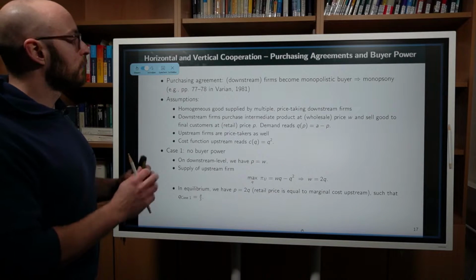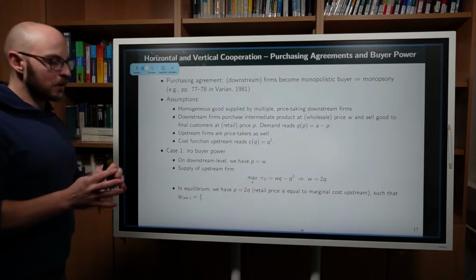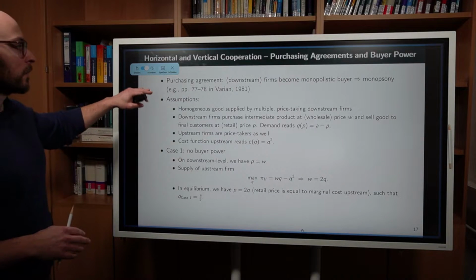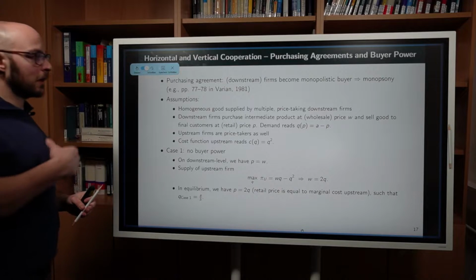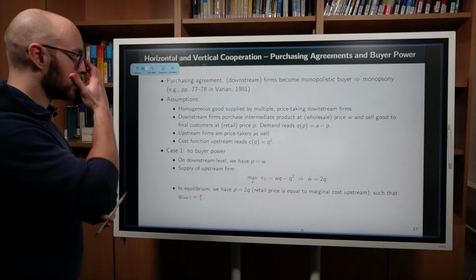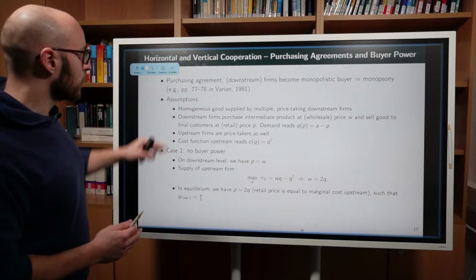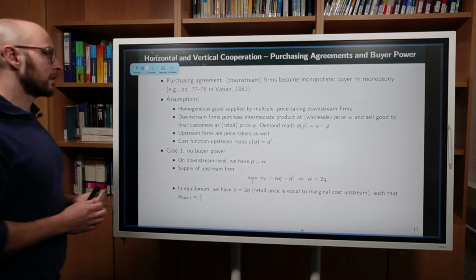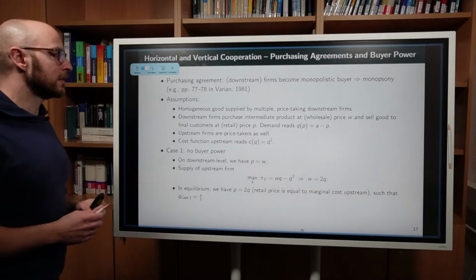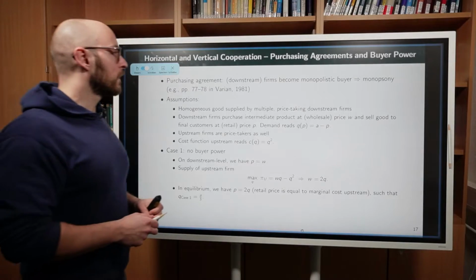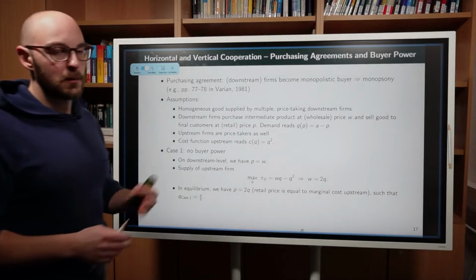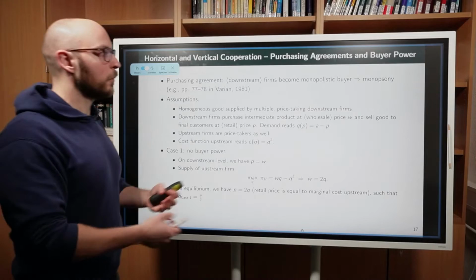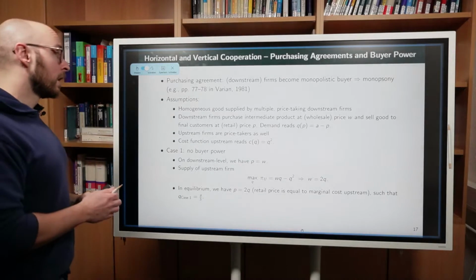Now, before we jump into a concrete model here, we first look at purchasing agreements from a more general perspective. So we look at the classic textbook of Varian, 1981, and we assume that we have monopolistic buyers before, and then they basically become one monopsonistic buyer.